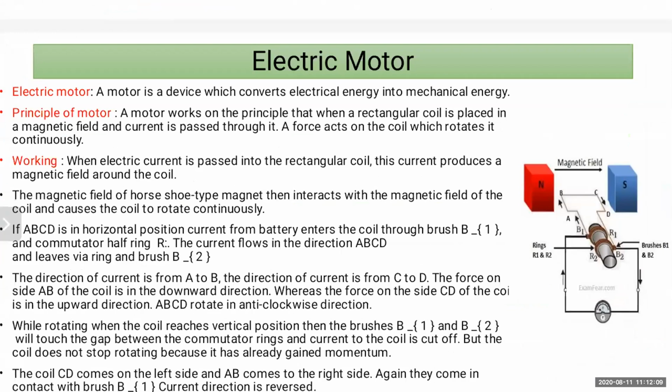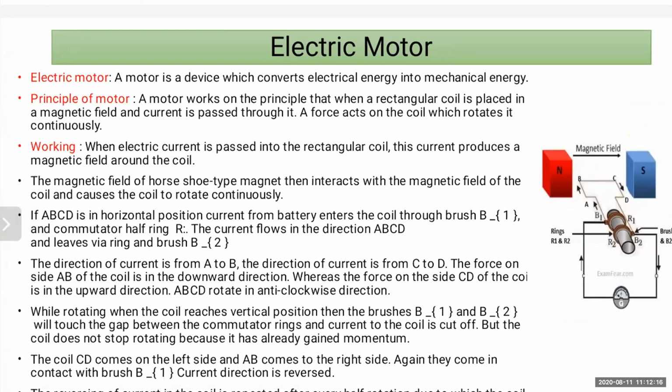Let us start our next topic, that is electric motor. What is the principle of electric motor, and how does it work in our day-to-day life?